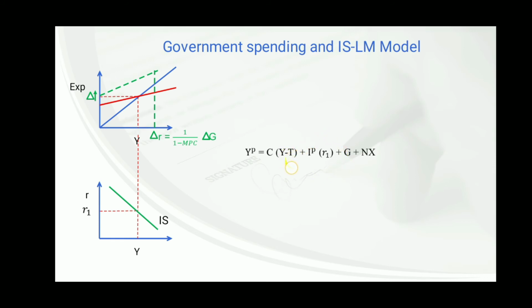So planned investment plus government spending G, plus net export. This is our planned expenditure curve.